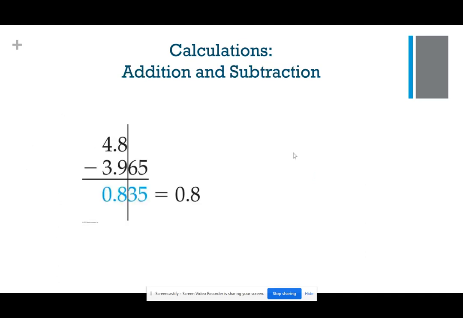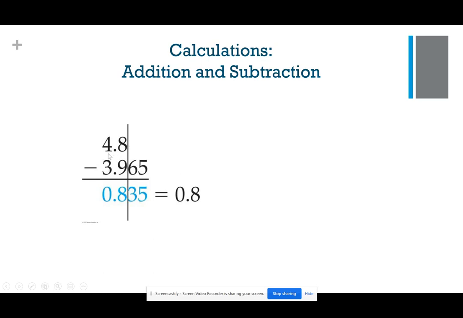Okay, so draw a line in the sand, and we're going to go over to addition, subtraction. So completely different set of rules here. For addition and subtraction, we're going to be counting decimal places. The best way to do this until you get proficient at it is exactly how I set it up here.